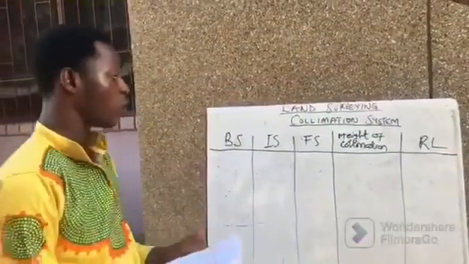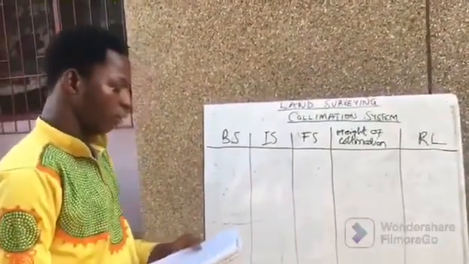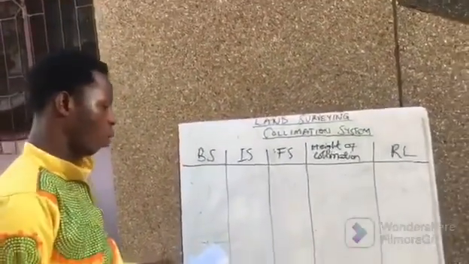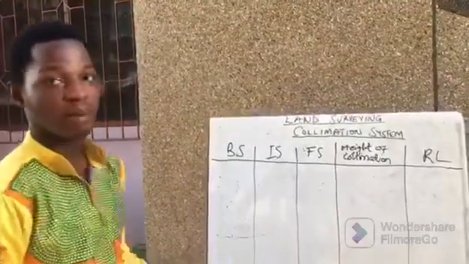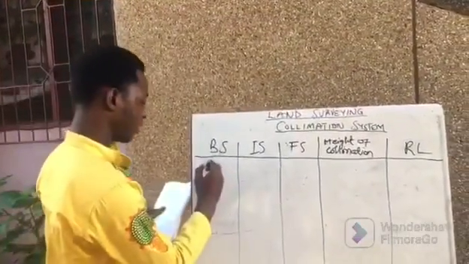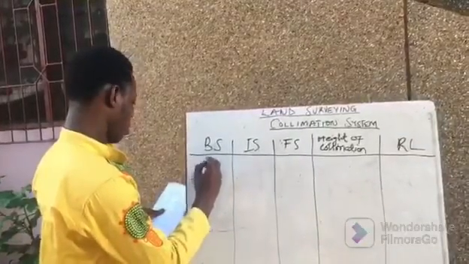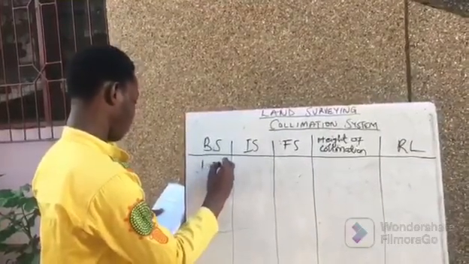From what we just did, we could see that the 1.35, which was the first reading, is for the backside. So I'll write it here: 1.35.